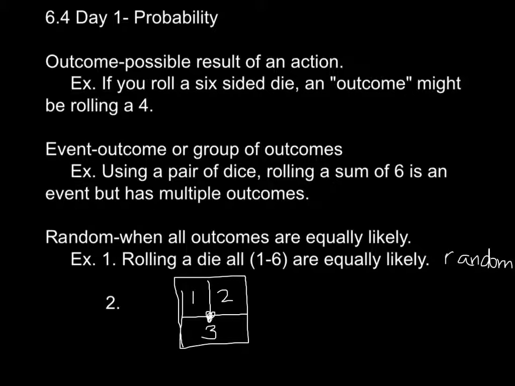Okay, so would it be random, these 1, 2, and 3s? No, because I would have a better chance at getting this 3 than I would at getting a 1 or a 2. 1 and 2 are smaller boxes, 3 is a bigger box. So that would not be an example of random. But a dice would be because I have equally the same chances of getting every number.